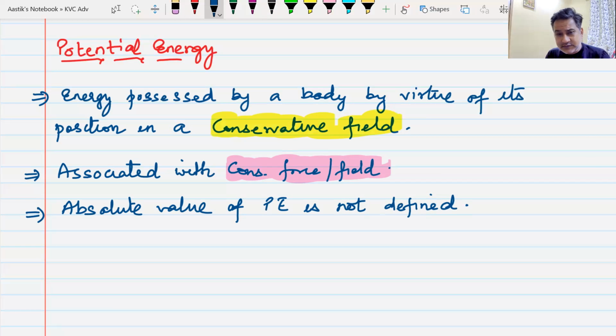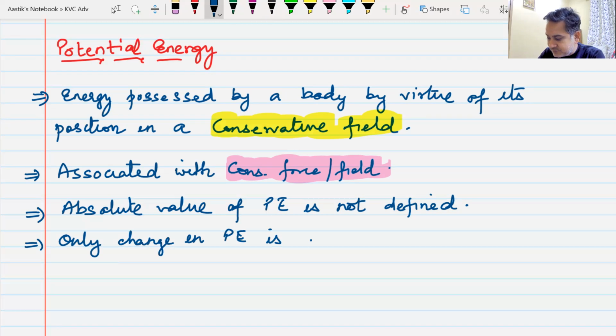The mass of this block or this phone is 300 grams. It is defined in terms of grams. Similarly, this potential energy's absolute value is not defined. Then what is defined? Only the difference or change in potential energy is defined.